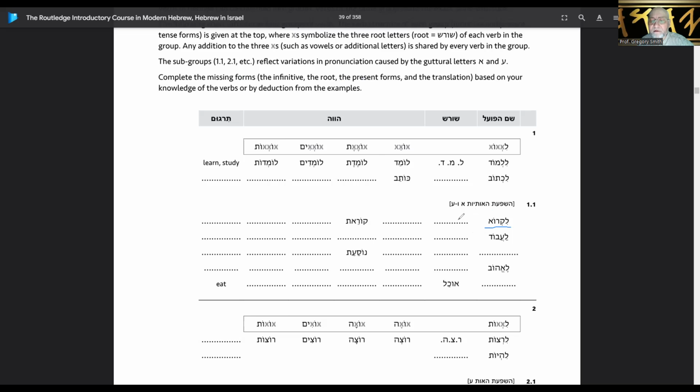All right, and so the shoresh would be the root. So it's going to be like kaf, and then it's going to be resh. And I wonder if it's, I bet just the aleph, maybe. Kara. Now I've got another program that would tell me that Panaim program.